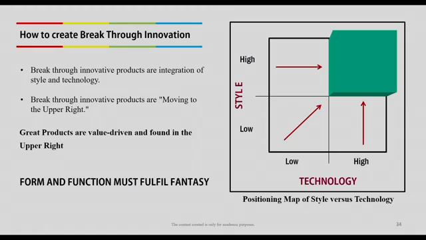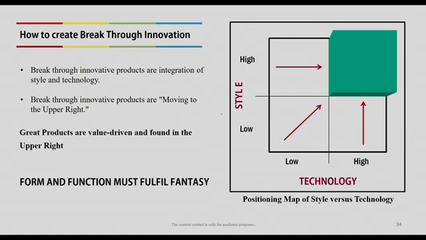So, now we will discuss how to create breakthrough innovation. Breakthrough innovative products are an integration of style and technology. What is style? Style refers to the sensory elements that communicate the desired aesthetic and human factors of the product or service.